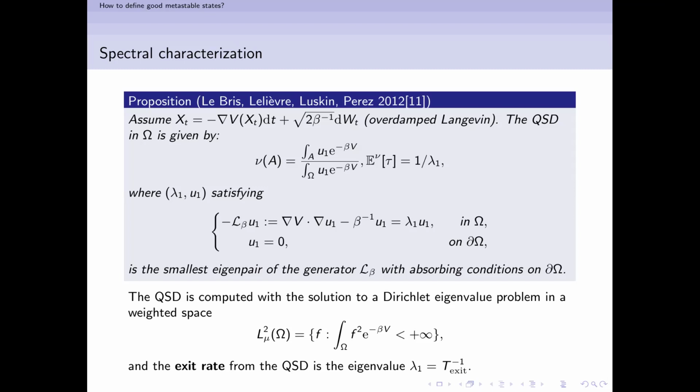So U1 is something that cancels on the boundary of the domain, and which satisfies this eigenrelation. What you can show on top of that is that the average exit time from the QSD is given by the inverse of this eigenvalue. So lambda 1 is an exit rate from omega if you start from the quasi-stationary distribution.